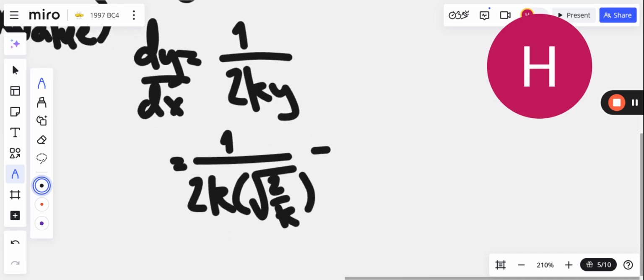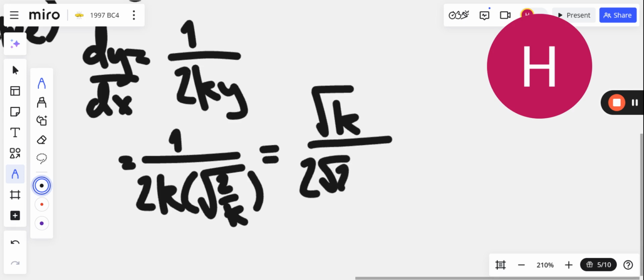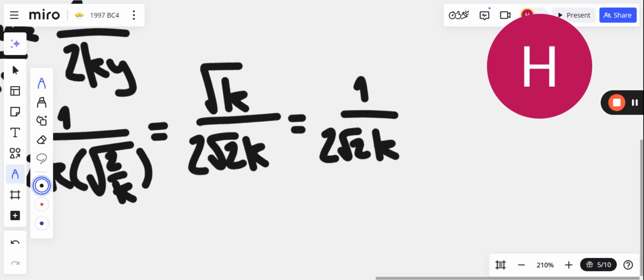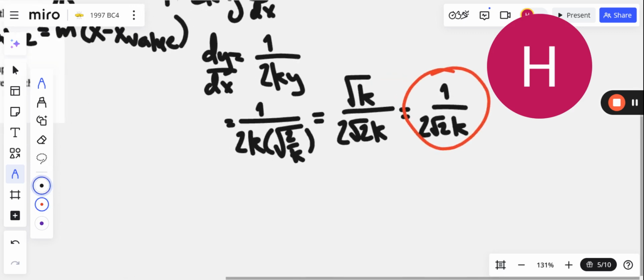So this gets a little bit complicated, but one way to think about this is if we flip it, we'll have square root of k over 2 square root of 2 k. And this will simply be 1 over 2 square root of 2k. That is the slope. Okay, I know that looks funky, but that is the slope at the given point.